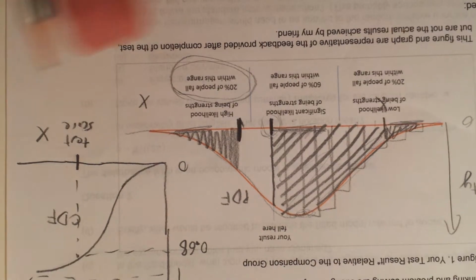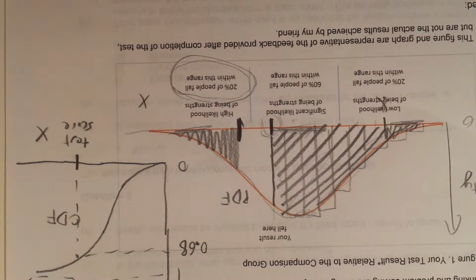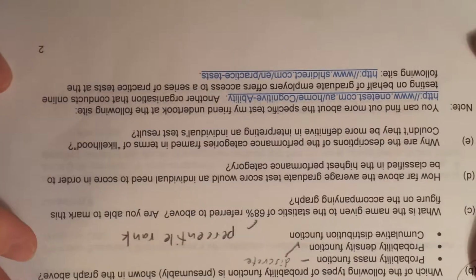Now, we don't know in this question what the test score was being marked out of, so the best we could do is to give it in terms of a standard score, a Z score, and that will mean that we're effectively saying how many standard deviations above the mean you would have to be in the top 20%.